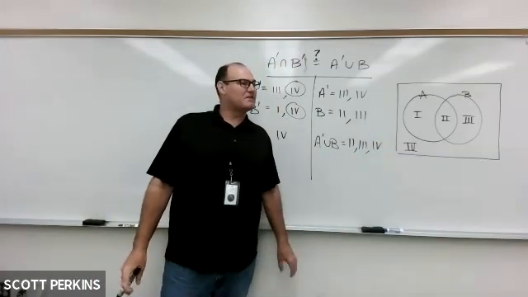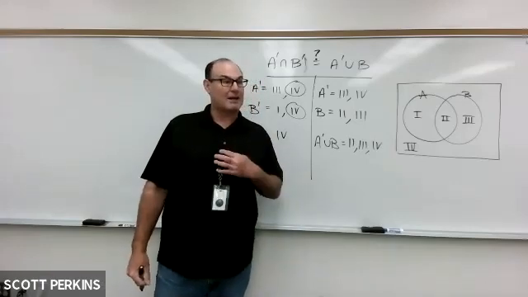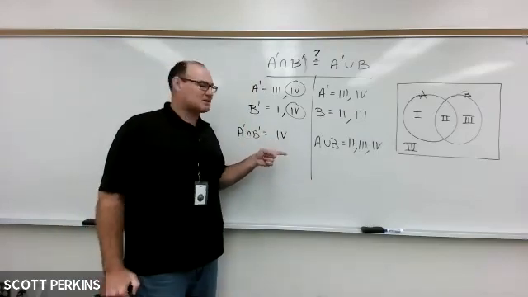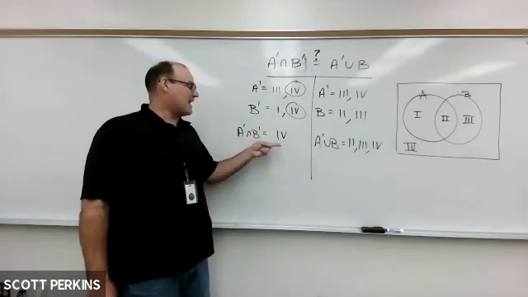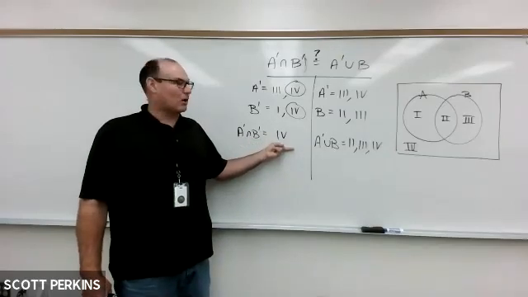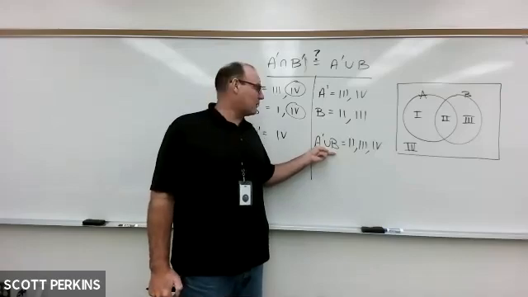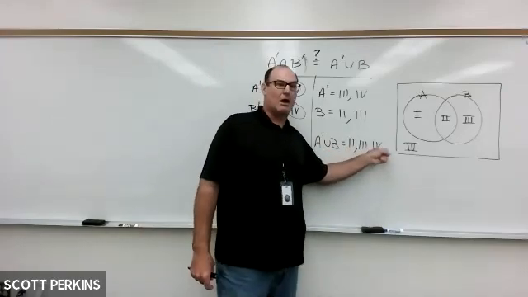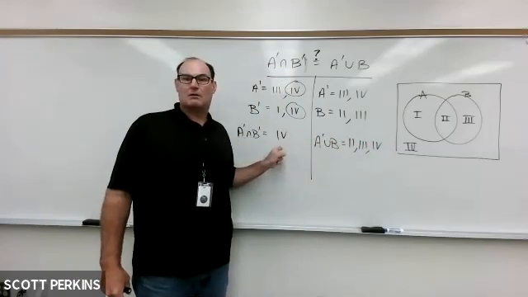I had spoiled the surprise for you at the end of class last time. I told you what the conclusion you should have gotten is. So looking at this, A complement intersect B complement is represented by any elements found in region 4. A complement union B is found by any elements in 2, 3, 4. Do these always have to be the same no matter what the sets are?